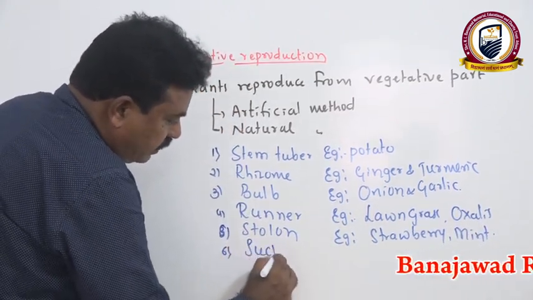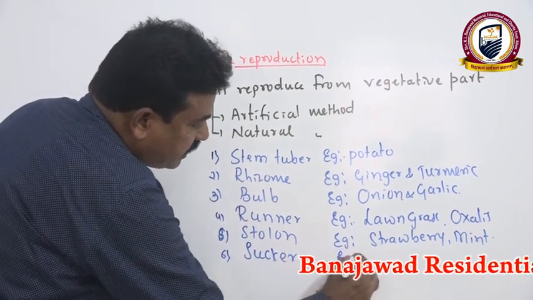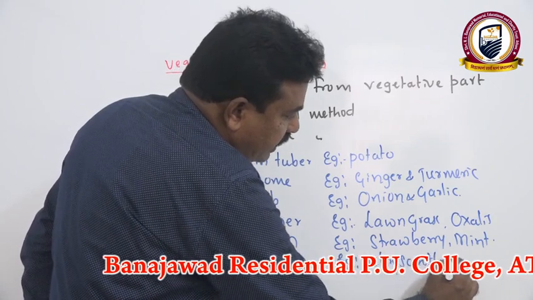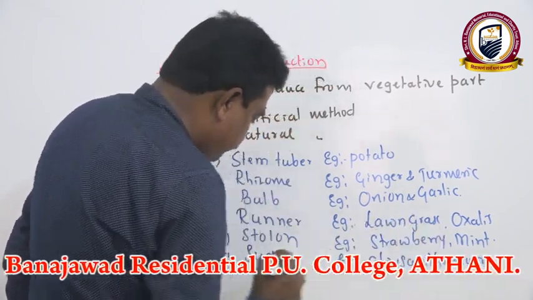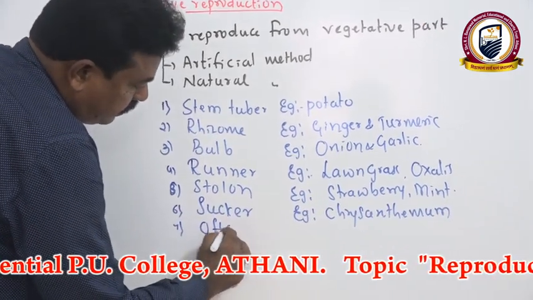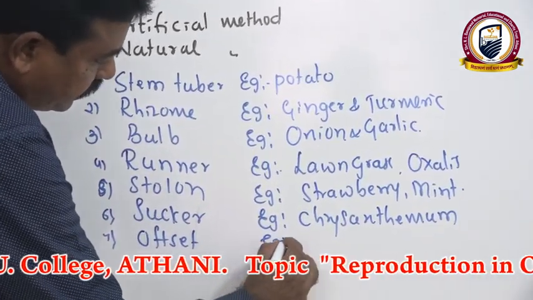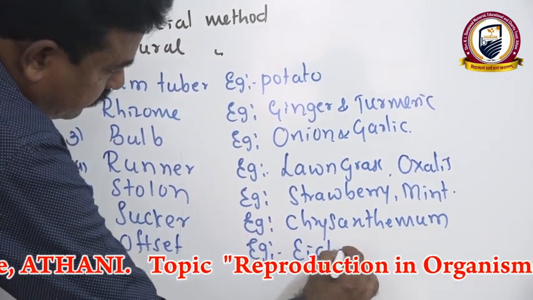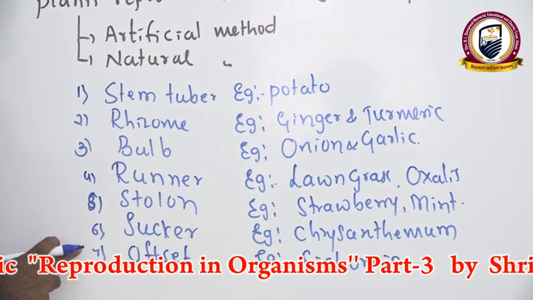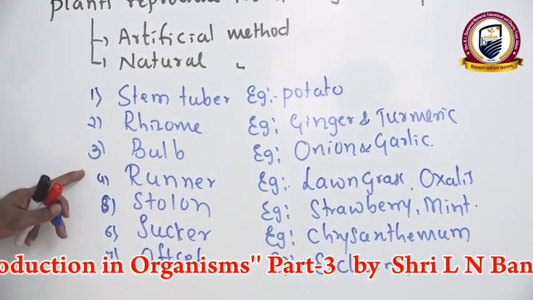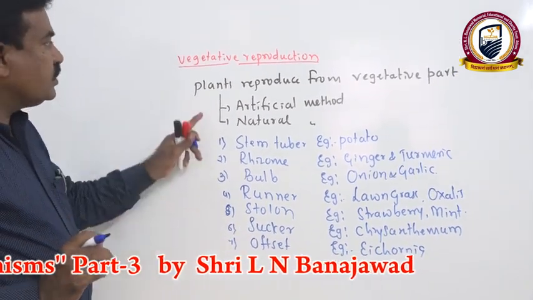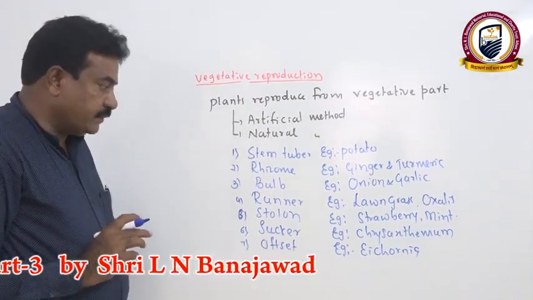Then sucker we see in chrysanthemum. Then offset we see in Eichhornia. Runner, stolon, sucker, offset. These are the four important types of subaerial stem modification, once again helping vegetative propagation.